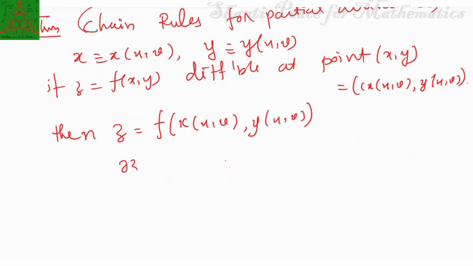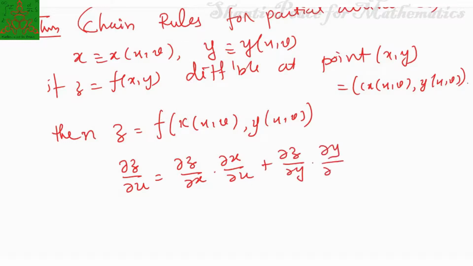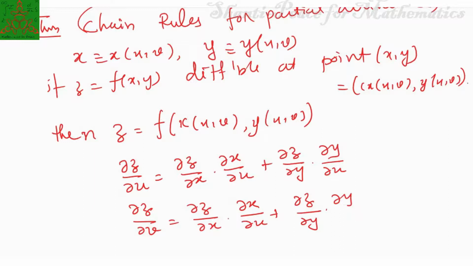Del z by del u is written as del z by del x into del x by del u plus del z by del y into del y by del u, and del z by del v is written as del z by del x into del x by del v plus del z by del y into del y by del v.